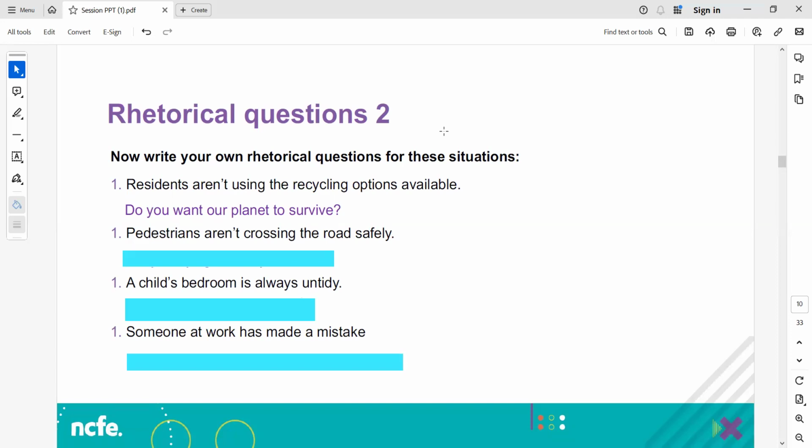So we're thinking about the situation rather than just using those words to make a question. So we're thinking about that situation and what rhetorical question we might write in that situation. Pedestrians aren't crossing the road safely. So what rhetorical question could we write to grab people's attention, make them think?